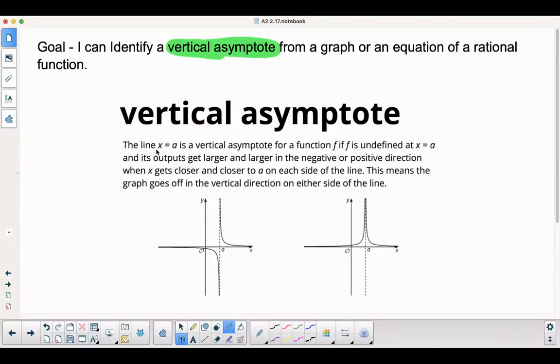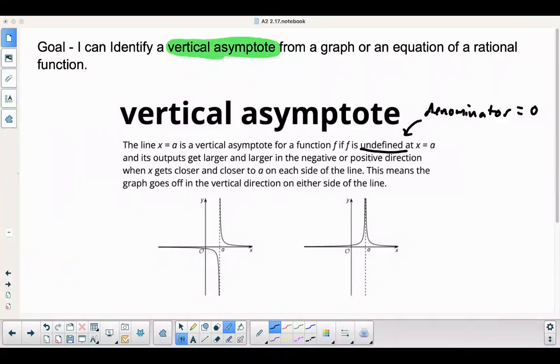But the line x equals a is the vertical asymptote for a function f if f is undefined at x equals a. All right, and then you can pause the video and read the rest of this. But what I want you to realize here is undefined comes from when basically your denominator equals 0.